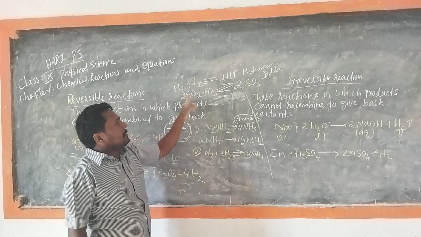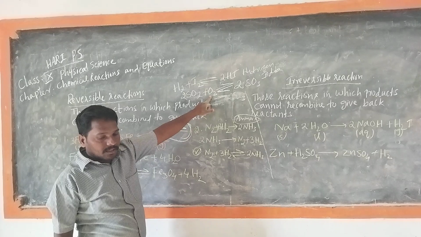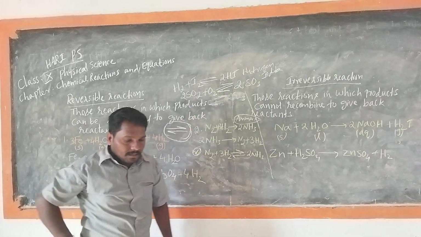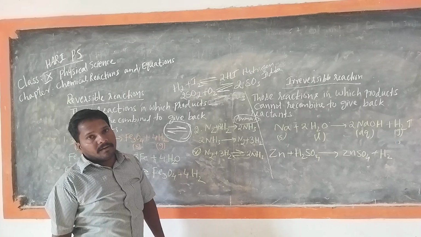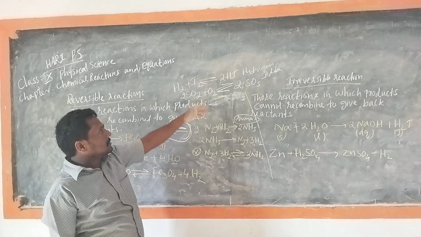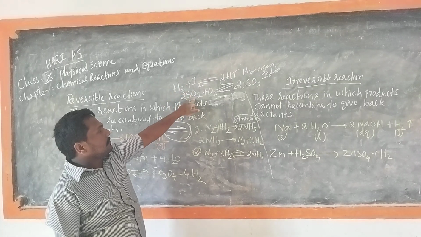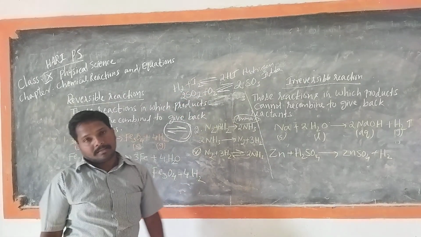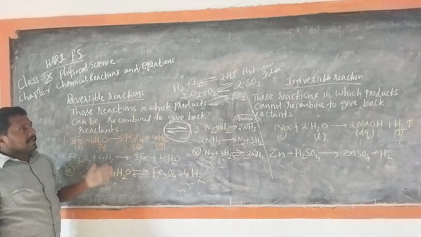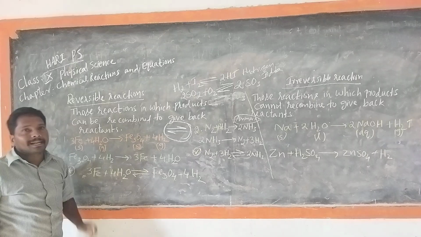Sulfur dioxide reacts with oxygen and gives us sulfur trioxide. Then sulfur trioxide again dissociates and gives back the reactants, sulfur dioxide and oxygen. These are all examples of reversible reactions.